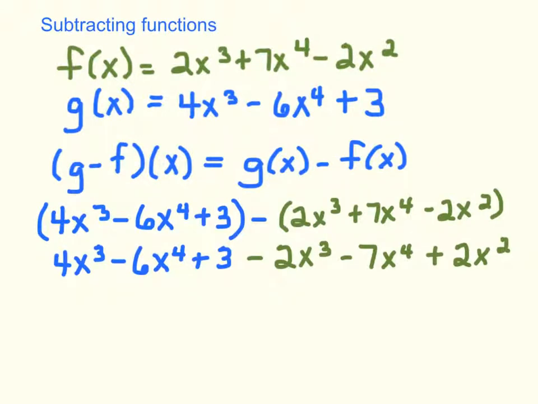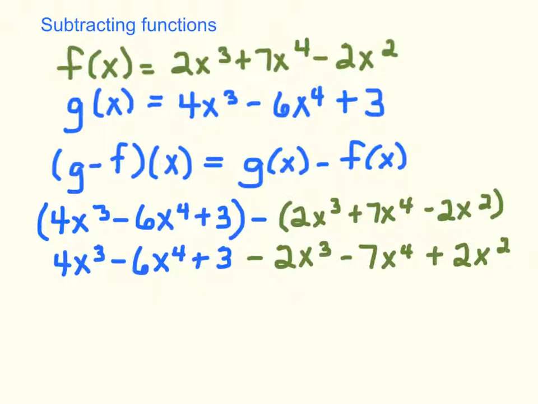When we're subtracting one function from another, we have to be careful that we subtract the entire function, not just part of the function. So when I wrote the problem to begin with, I showed g of x, and then I showed subtracting f of x. F of x is a polynomial, so I need to be sure to subtract each one of those terms.